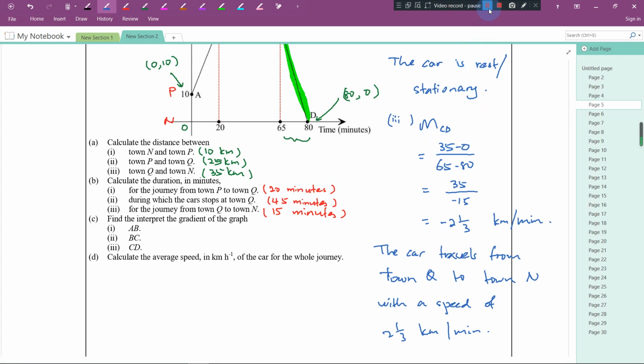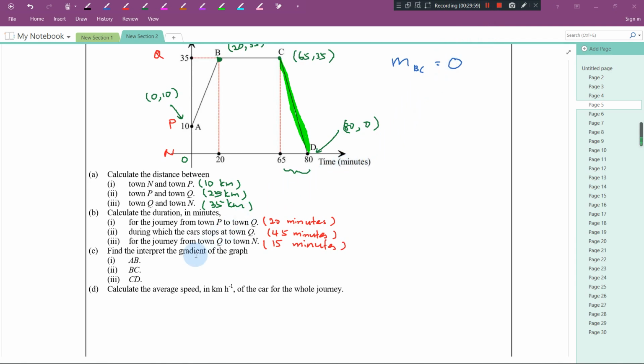Okay, now let's try the last part. Calculate the average speed in kilometer per hours. Okay, be careful. This is per hours, and this is minutes. Calculate the average speed in kilometer per hours of the car for the whole journey. So what is the formula for average speed?